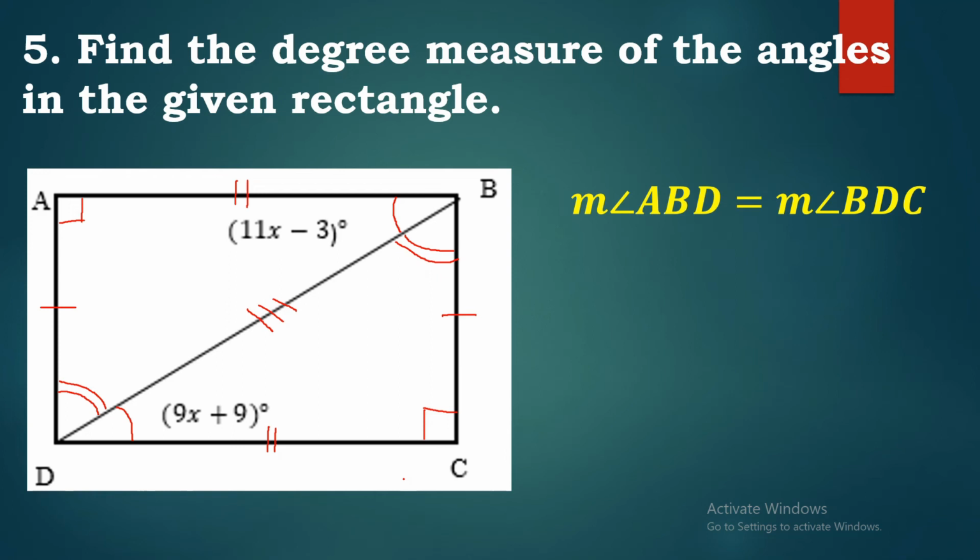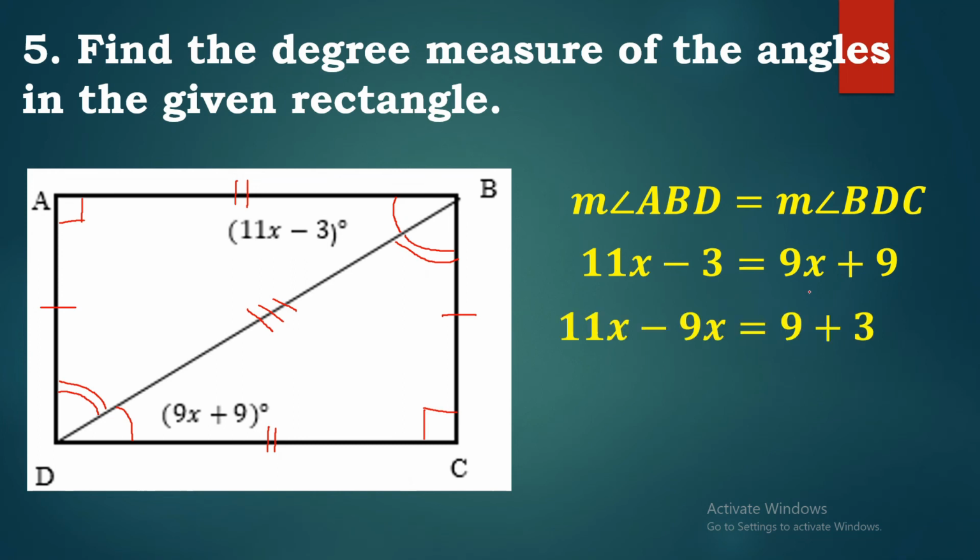By substitution, the measure of angle ABD is 11x minus 3 and the measure of angle BDC is 9x plus 9. Solving for the value of x, we should isolate those terms with the variable x on the left side of the equation and the terms without the variable x on the right side of the equation.